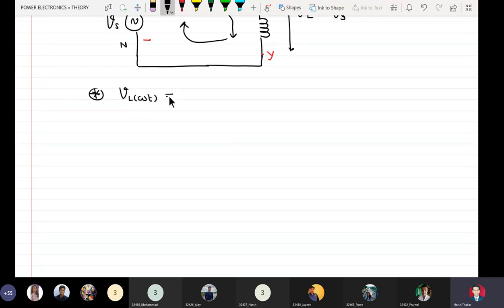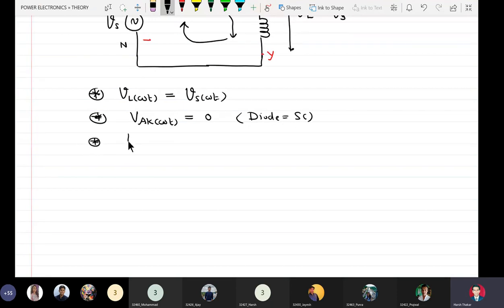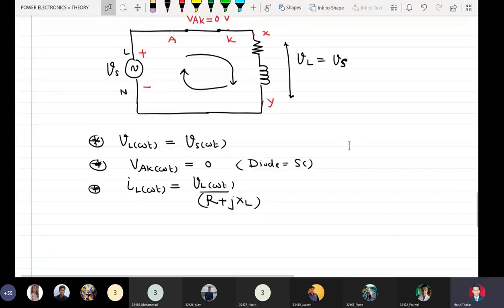VL of omega t is equal to Vs of omega t, VAK of omega t equal to 0 because the diode is acting as a short circuit, and third, IL of omega t as per Ohm's law will be nothing but equal to VL of omega t by R plus jXL. I cannot say just R because there is L also here, right?